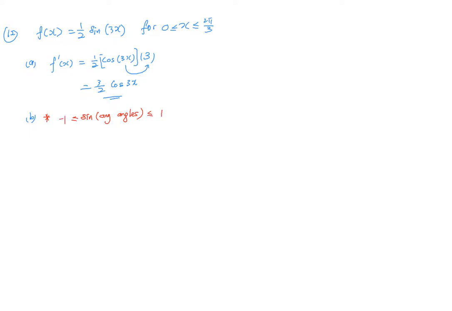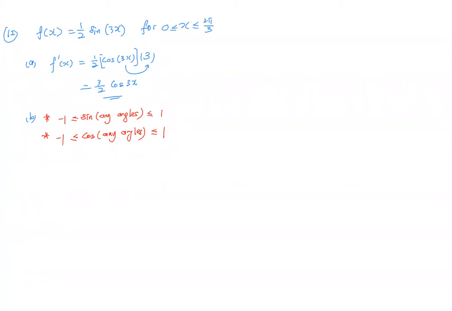This is called the true fact. You better write it down. Cos of any angle, highest 1, lowest -1. So I'm going to use the true fact of that and get the answer.